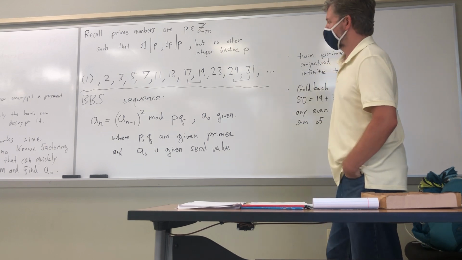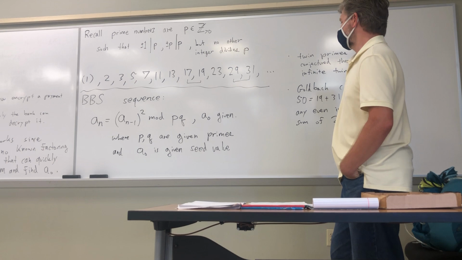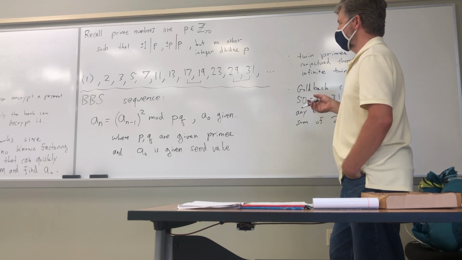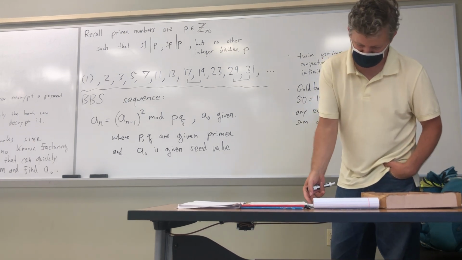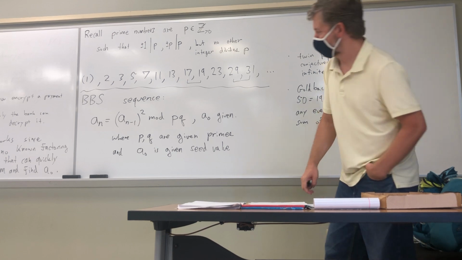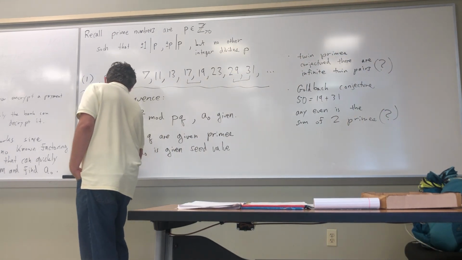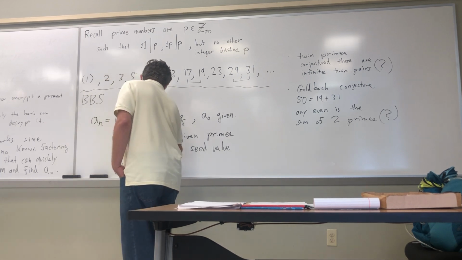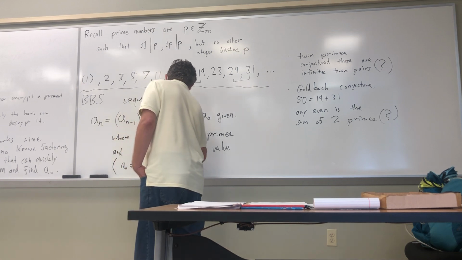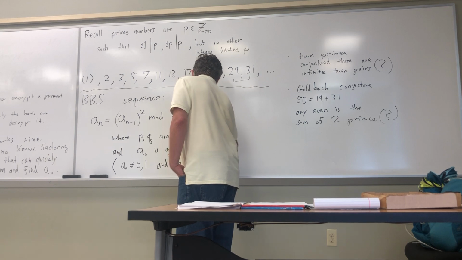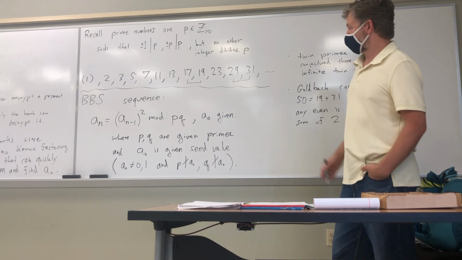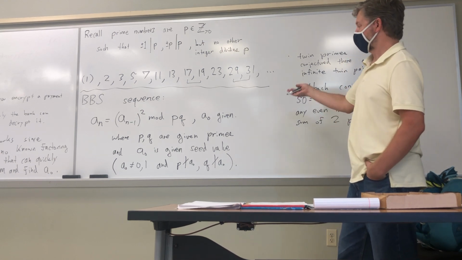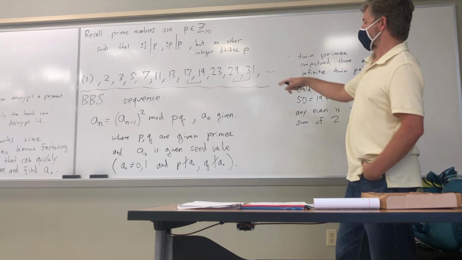To make it a real Blum Blum Shub sequence, A0 is no good if it's 0 or 1, or if it's divisible by P or Q. So A0 is not equal to 0 or 1, P does not divide A0, and Q does not divide A0. All of that is just more historical interest, because if I give you an example, I'll have to tell you those numbers.